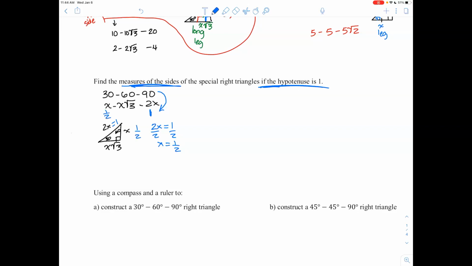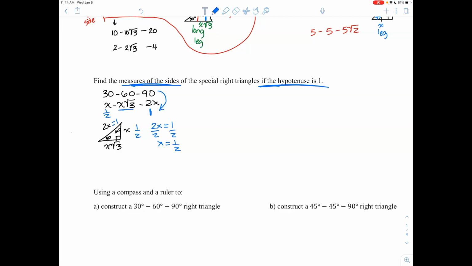All right, so there's that measure, and all we have to do to find the measure of this long leg is to plug in 1/2 times the square root of 3. That would be your long leg, right? And so that would be the square root of 3 over 2, which is approximately 0.866, but we like the exact value.